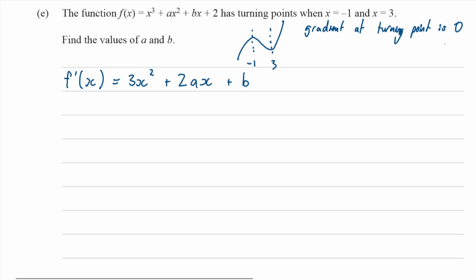Now let's use the information that's given, right? So turning point has a gradient of 0. So our gradient function will be equal to 0, like so.